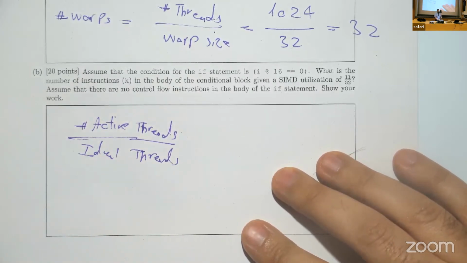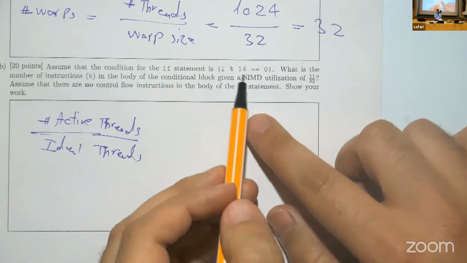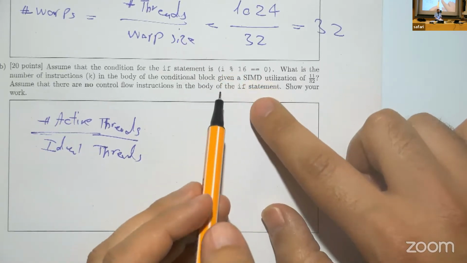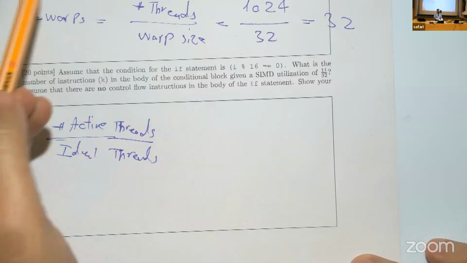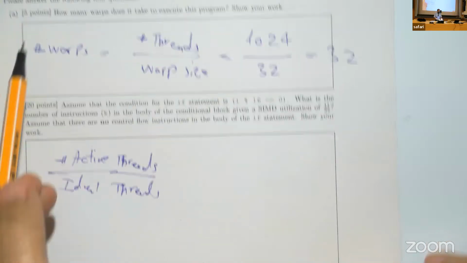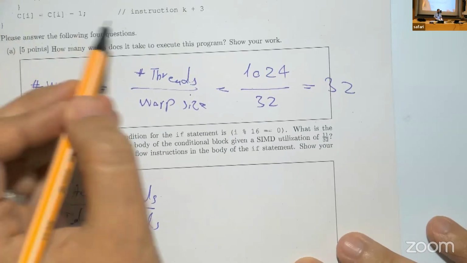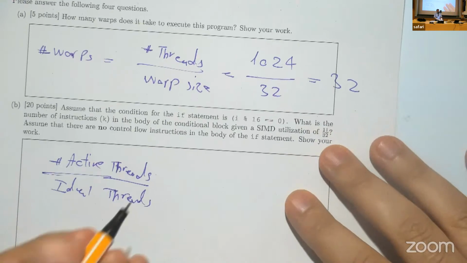Our if statement is i mod 16 equals 0, which means that in every warp, there are 2 threads, thread ID 0 and thread ID 16, that take this branch.